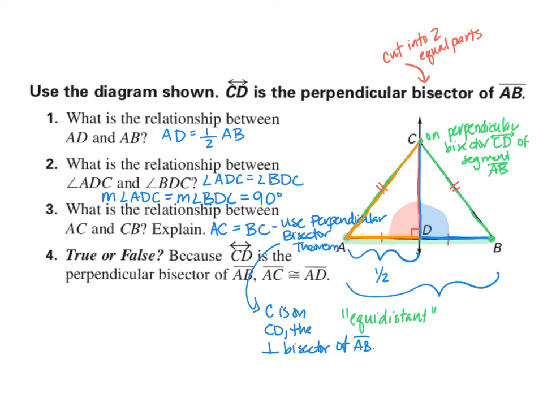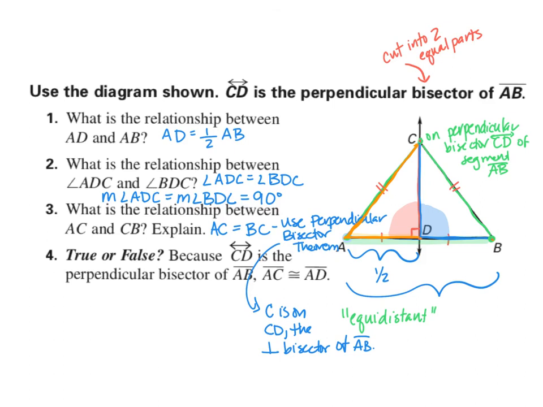Now notice that these are two different segments, and that these two segments don't really have a congruency relationship at all. Now if it had asked us about AC and BC, then sure. If it had asked us about AD and BD, then yes.